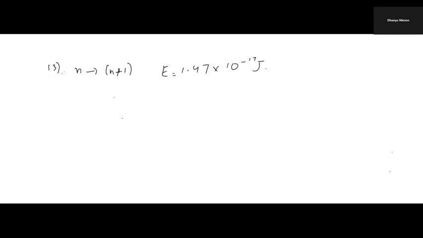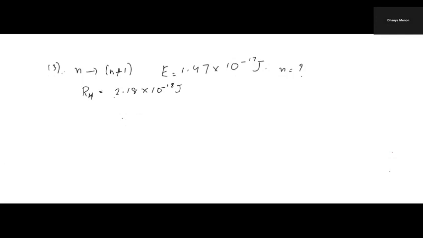You have to find the value of n. And for the energy of the hydrogen atom, they have given the value 2.18 times 10 raised to minus 18 joules. It's in joules, not in eV, to make our calculations easier, because the energy of radiation that's given is also in joules.